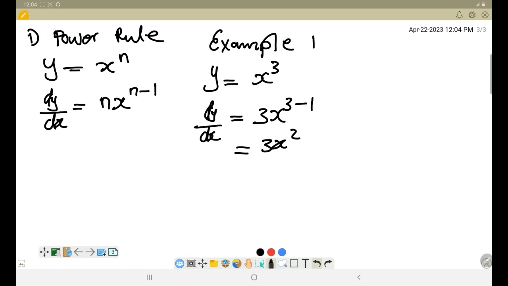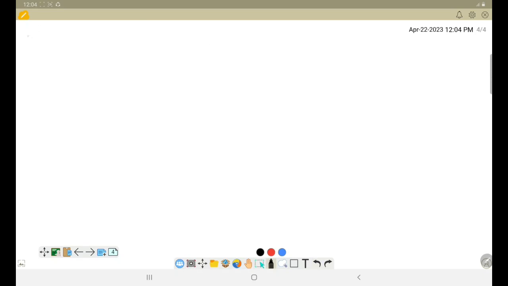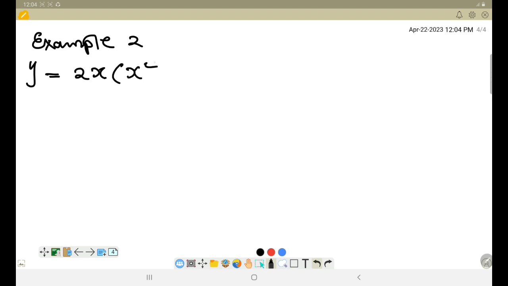So we can look at another example using power rule. We can say this is example 2, using power rule also. So if we have y equals 2x(x to the power 4 plus 4x).